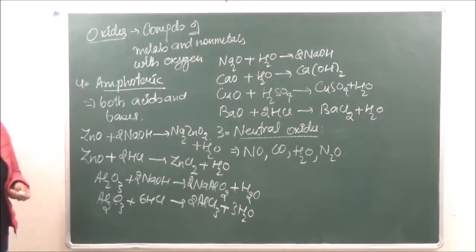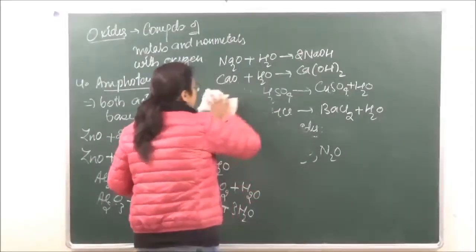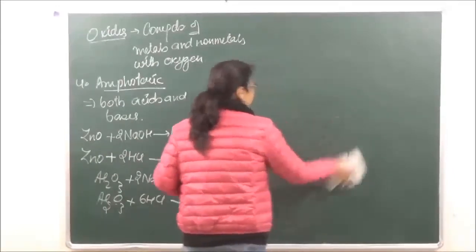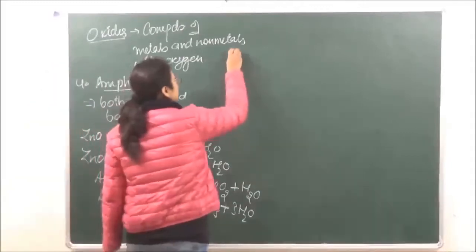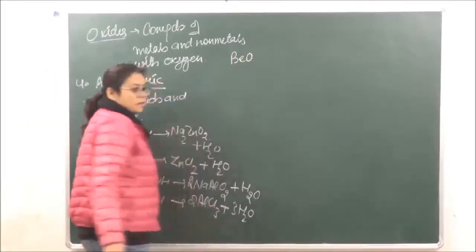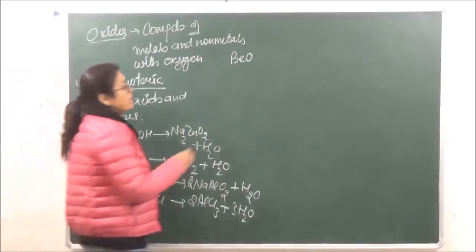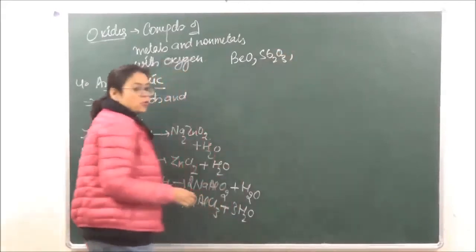Other examples of amphoteric oxides that we can take are beryllium oxide, which is an amphoteric oxide. Then we have antimony oxide, Sb2O3.